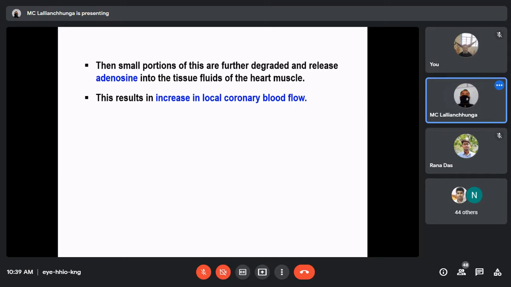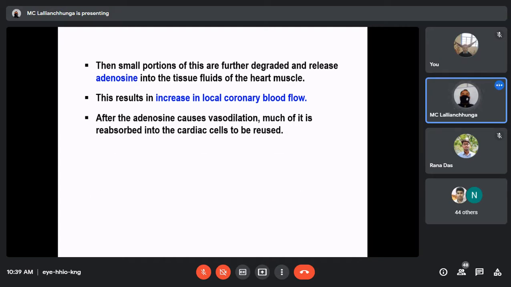Ultimately adenosine is produced, and this adenosine, as you know, will act on the smooth muscle of the coronary blood vessel and it will dilate. After dilation, more blood will flow through the blood vessel, so that the heart muscle can receive a higher amount of oxygen. After causing vasodilation, much of it is reabsorbed into the cardiac cells to be reused.